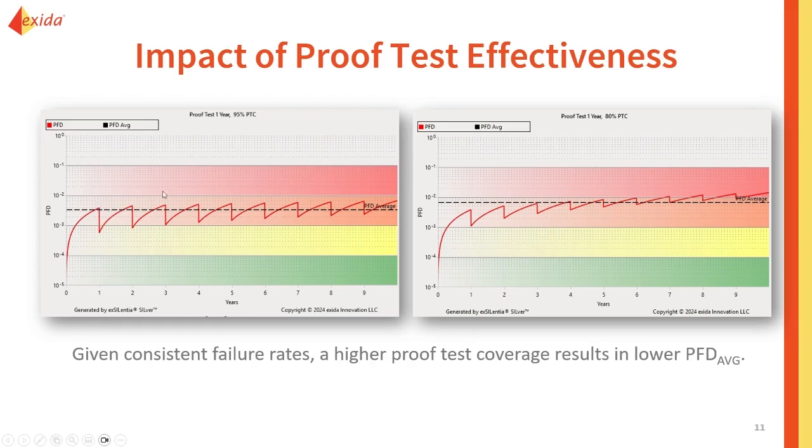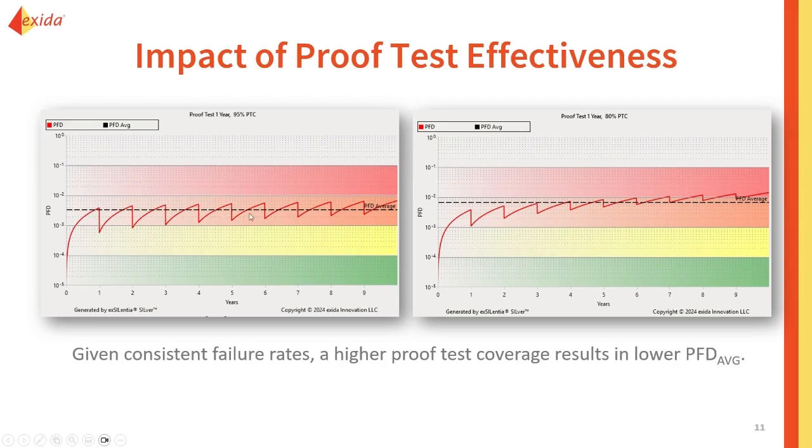For each, you still have a dip at 1 year, but for 95%, you can see that it's a more effective proof test, dipping further down. For 80%, you see that the PFD average is a little bit higher than it is for the 95%.